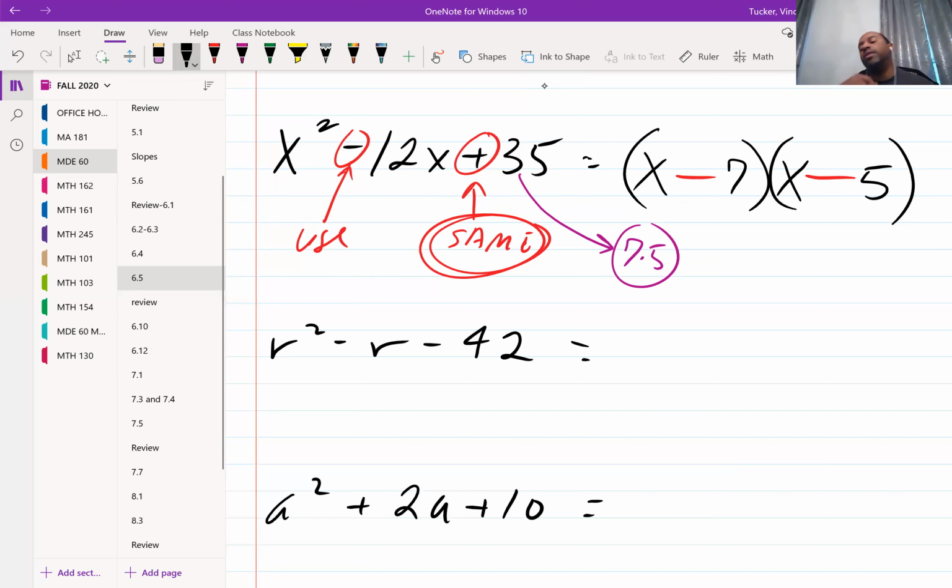And that's your factorization. Any problems?